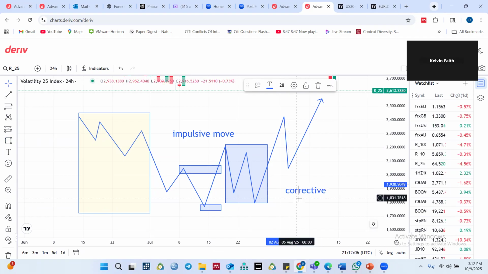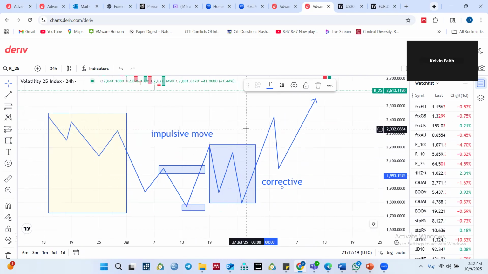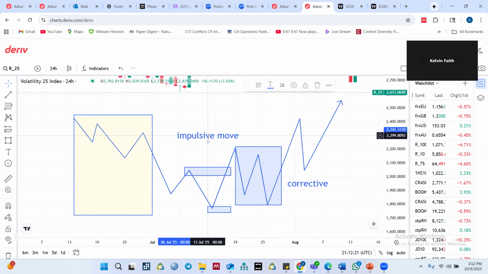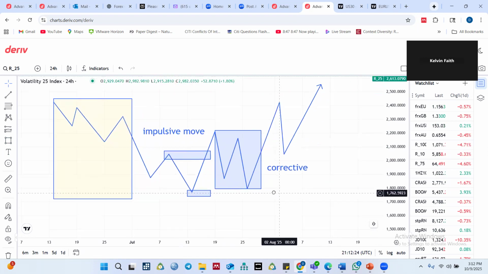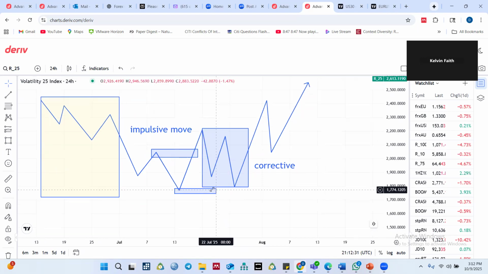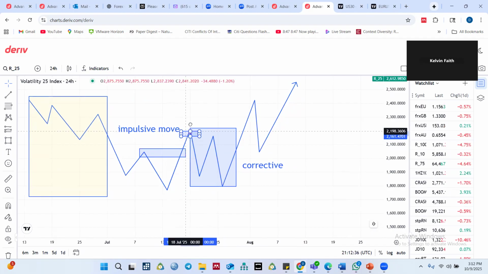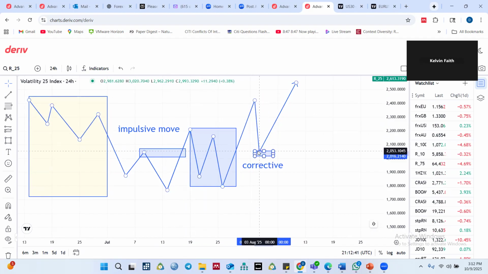No, the corrective. So the concept is that, like I said, price does not always move in a straight direction. When it goes up, it will come down. But for you to know it is going to be an uptrend, the normal thing is that we would have to see higher highs, higher lows.